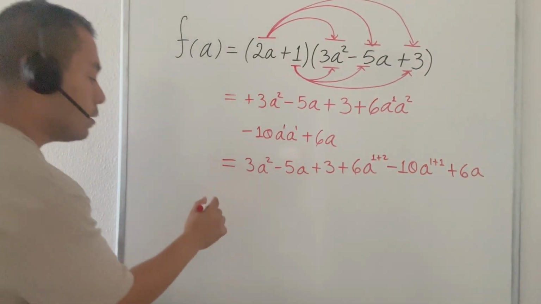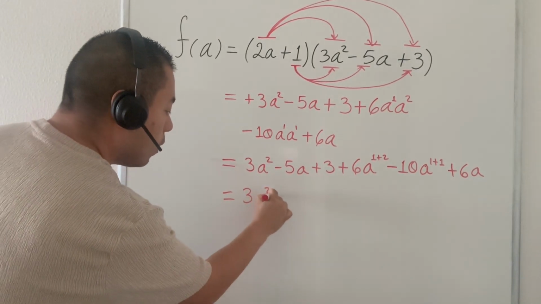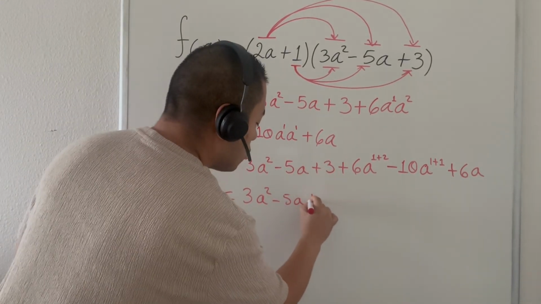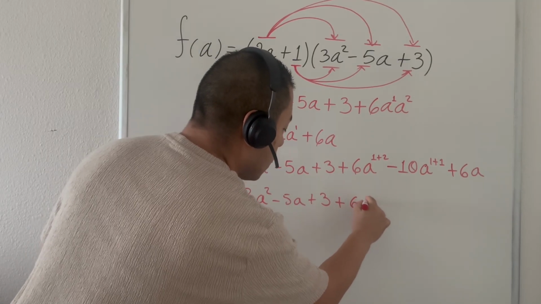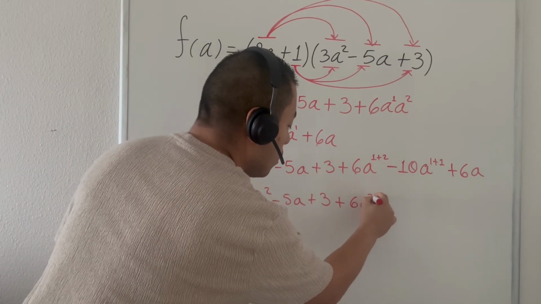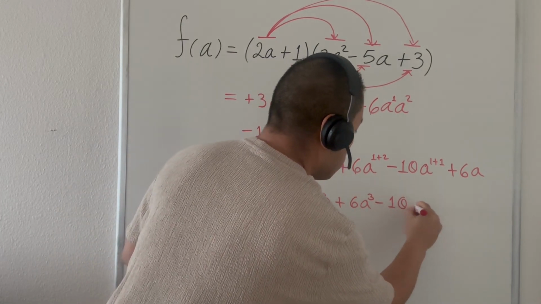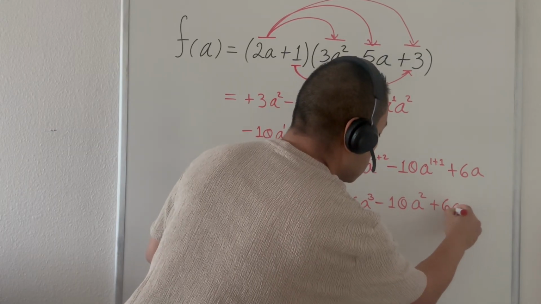I will write this again. 3a squared minus 5a plus 3 plus 6a cubed minus 10a squared plus 6a.